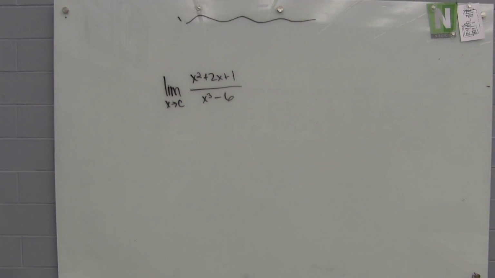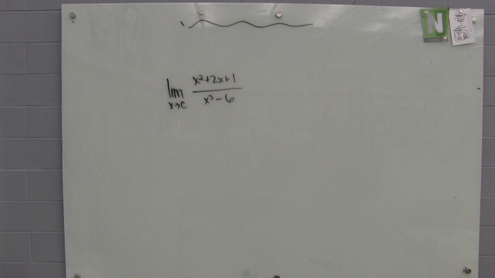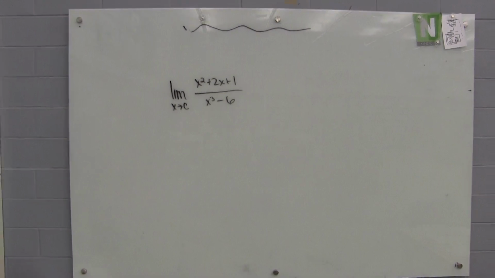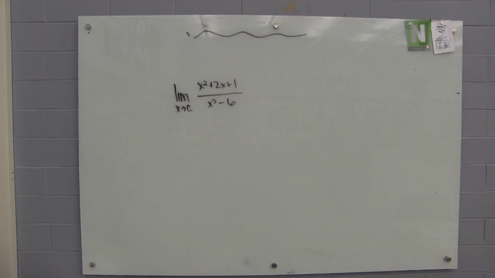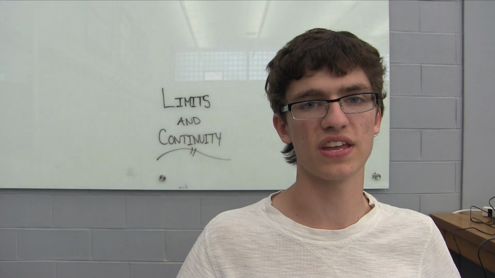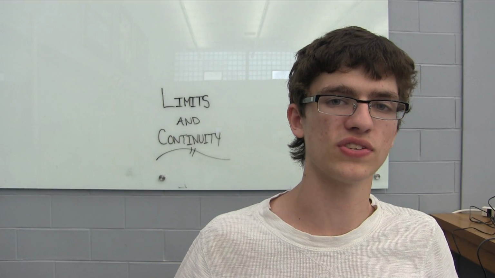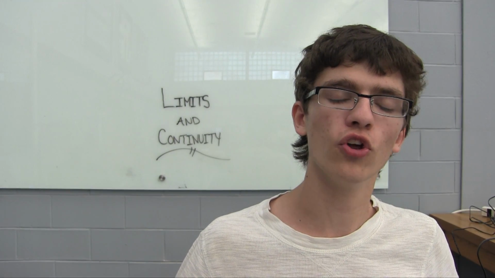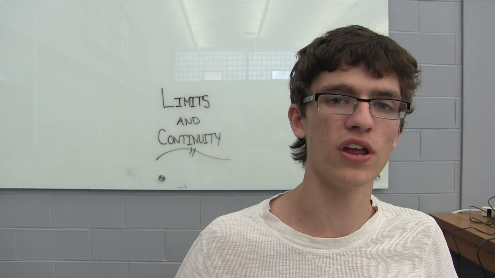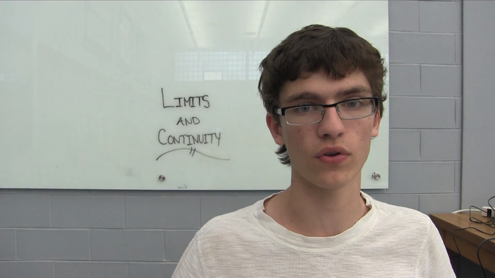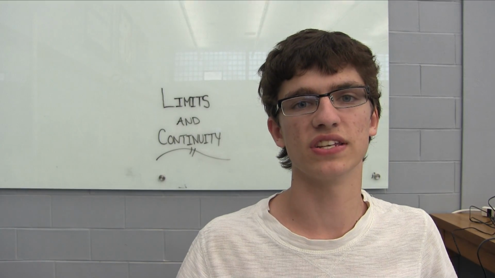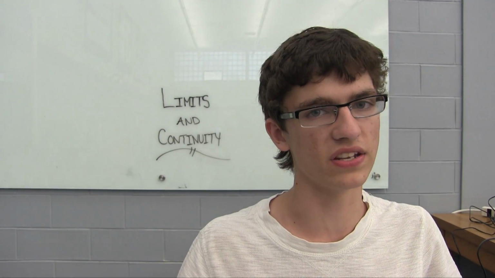The limit as x approaches c of x squared plus 2x plus 1, that entire function, divided by x to the third minus 6. Once again, you're just replacing the x's with c's. The reason for this is that if c were a number, all you'd have to do is plug that number into the function in order to receive the limit as x approaches that value. At least if the function is continuous at that value, but we'll get into that later.